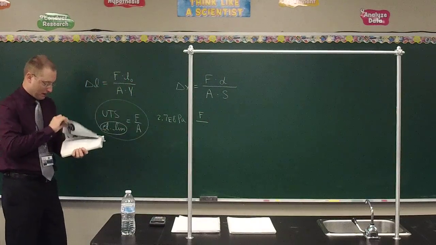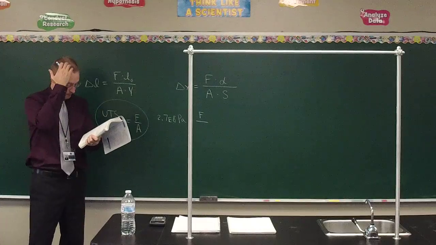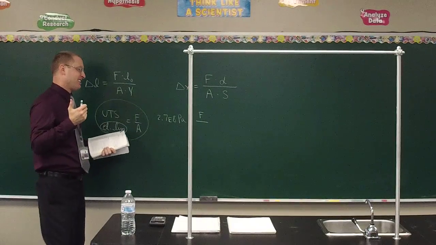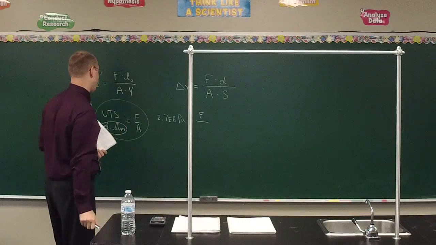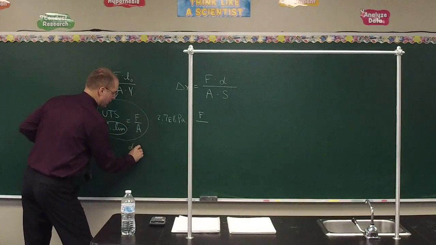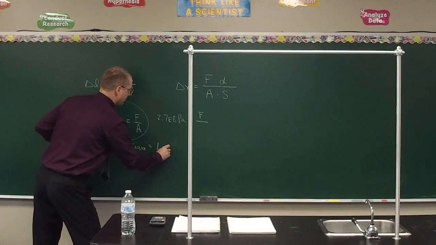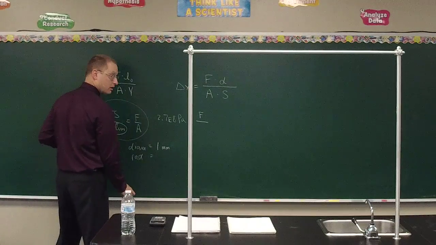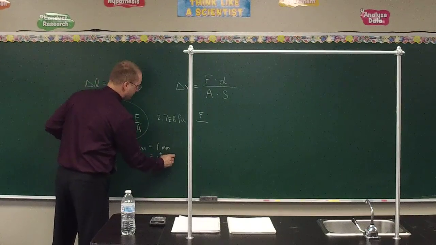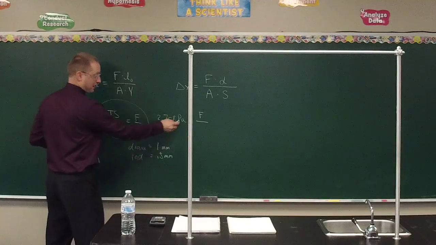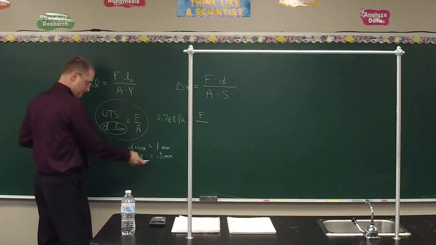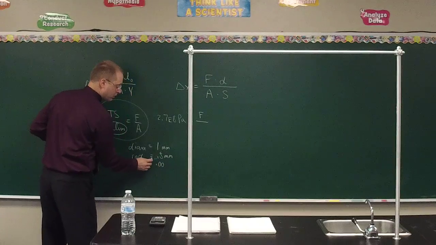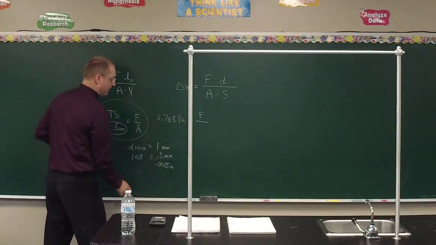Now, what did they tell us about the cross-sectional area? It's 1 millimeter in diameter. Okay, so the diameter is 1 millimeter, therefore the radius is 0.5 millimeters, or changing that to meters because Pascal involves meters squared, 0.0005 meters.